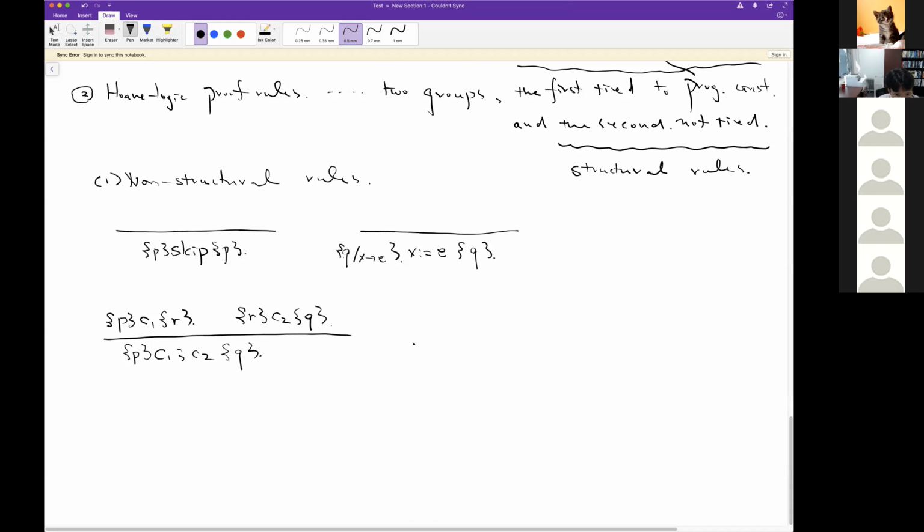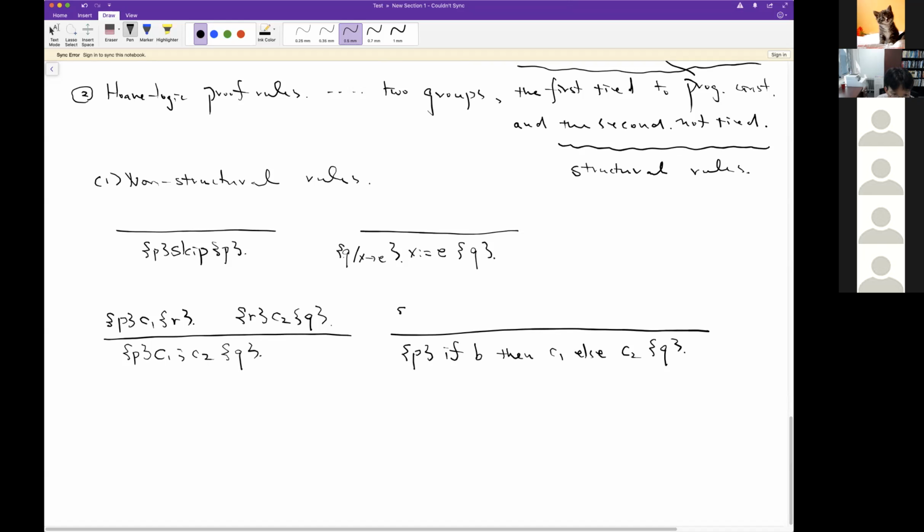Now we have another, the rule for if then else. If I want to prove some P C Q where my command C is an if then else statement, what should we do? It says do case analysis.